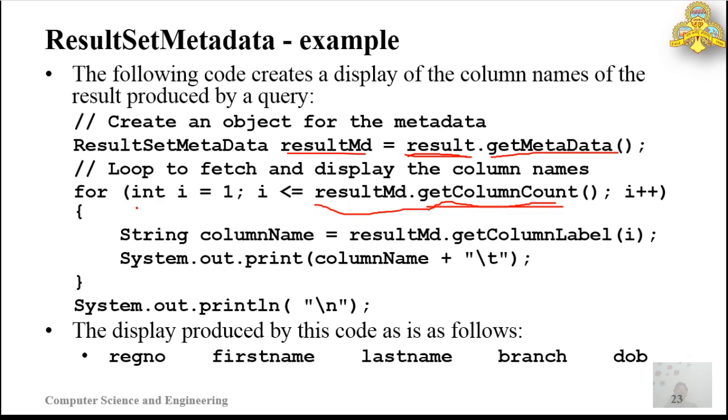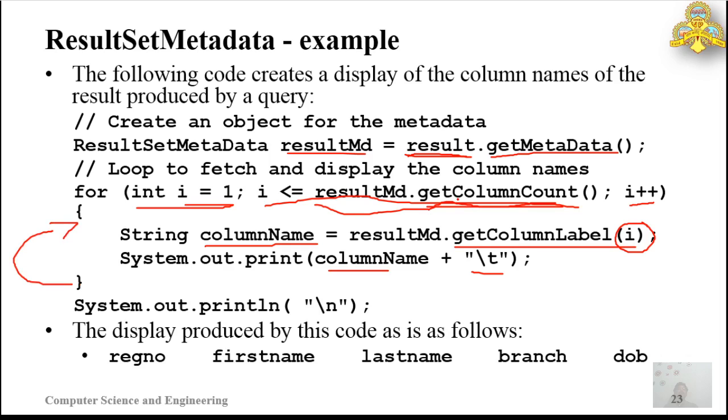So it is in the for loop, int i equals 1. Observe that I am using i equal to 1 here, because column count always starts from 1. i less than or equal to resultMD.getColumnCount(), i plus plus. When i is equal to 1, I will run resultMD.getColumnLabel(1), and I will get the column label of the first column that is stored in columnName. Then I will display it with a tab character. The loop continues until I get the column label of the last column.